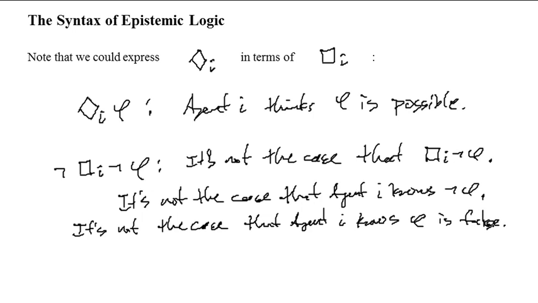But rephrasing that, that just means the same thing that we have up here, that agent I at least admits maybe some kind of possible world where perhaps phi is true. And of course, that's how we're going to define this more precisely when we get into the semantics, or what do we mean about models for this language of epistemic logic.